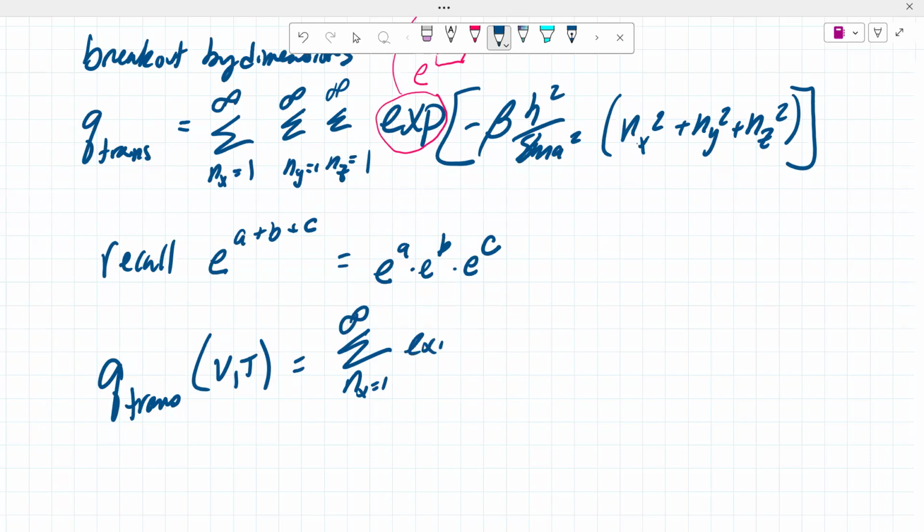Again, I'm going to use exp instead of e to the x, but it means e to the x. Negative beta h squared over 8ma squared times n sub x squared, because I multiplied this times that, right? And you bring the negative sign along. There it is, that's this one.